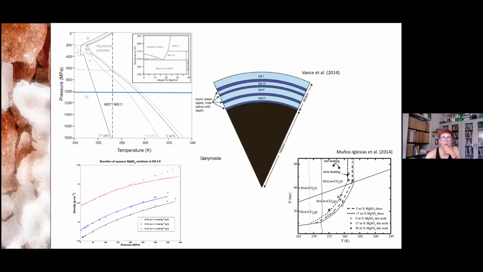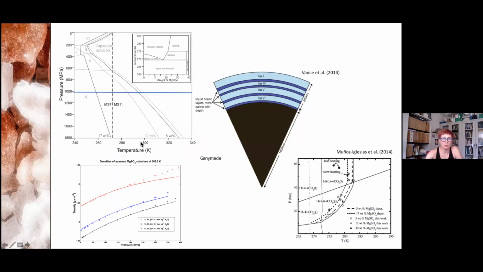Okay, so we in the lab usually work with binary or ternary phase diagrams of aqueous systems, I mean with 2 or 3 compounds, which have been refined or adapted to pressures and temperatures of the ice interest.